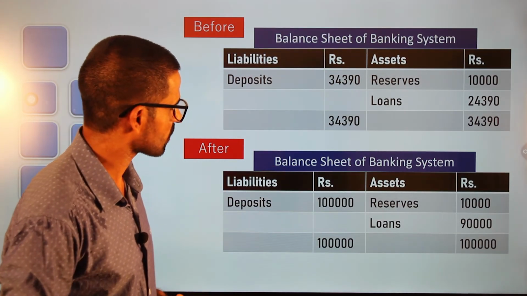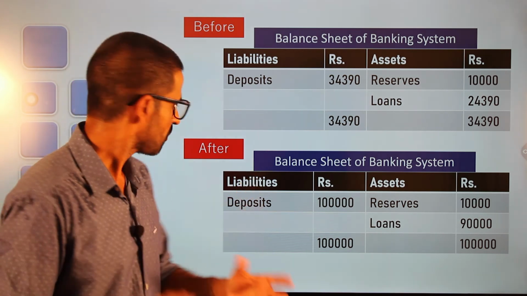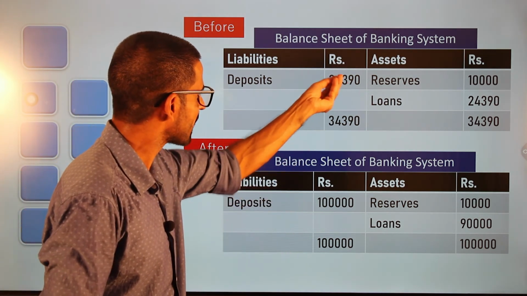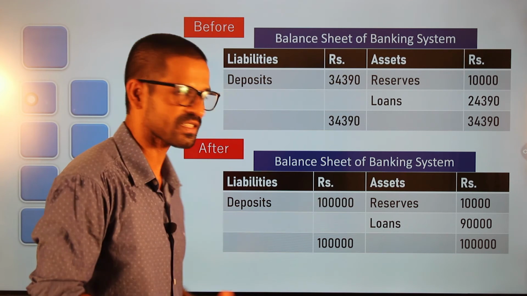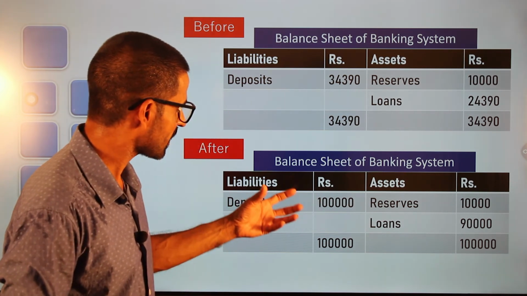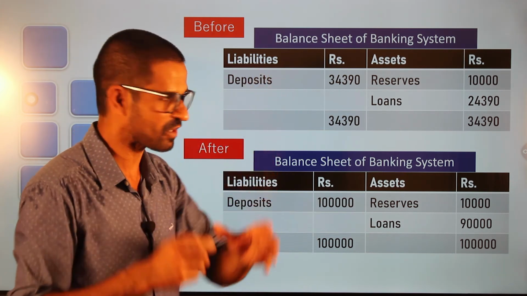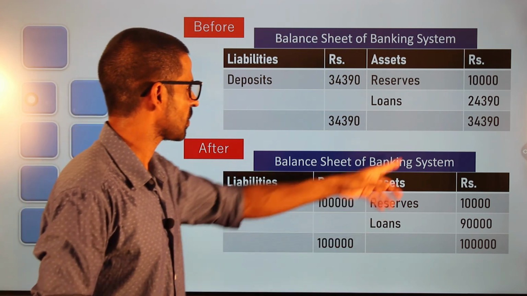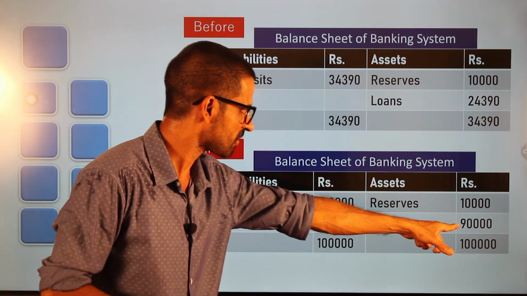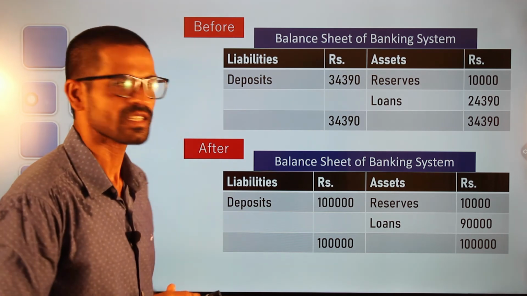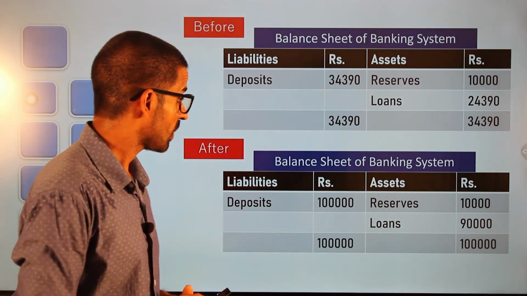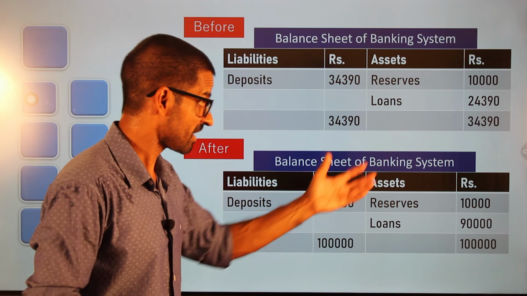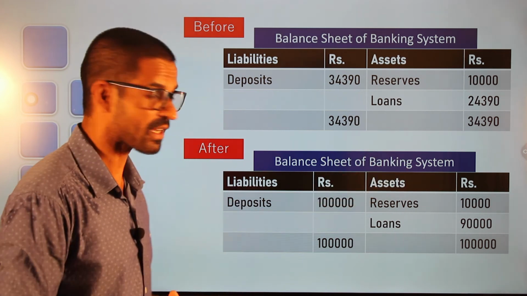Right. So, what is the final situation then? That 65,610 will be added to this value. When you add that, you can see it's going to be 100,000. Right? 100,000. And when you add that 65,610 to this loans value, the loans will be 90,000. Okay? So then you can see the reserves are actually 10,000.